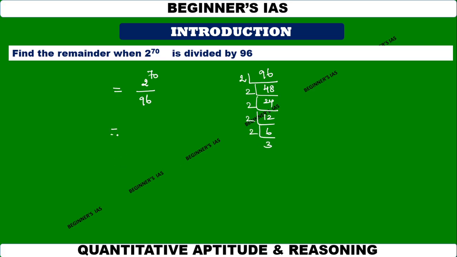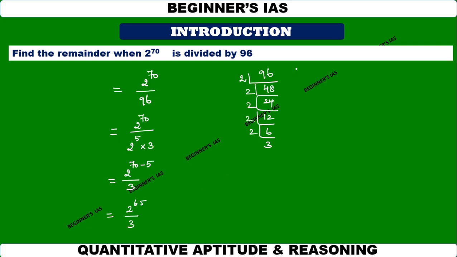Here I am splitting the denominator 96 with respect to the factors, which is nothing but 2 power 5 into 3. Now adjust the base: 2 power 70 minus 5 divided by 3. So this is nothing but 2 power 65 divided by 3.